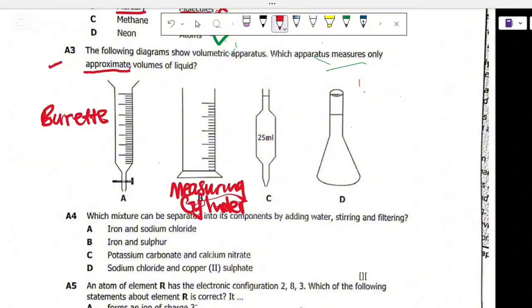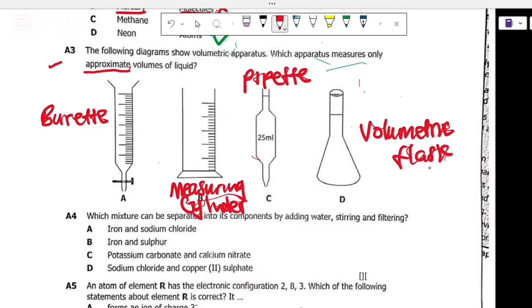Then this one, which is at point C, this is called the pipette, depending on how you're pronouncing it, but it is a volumetric pipette. And then this one is a volumetric flask. So you have 4 different types of apparatus.